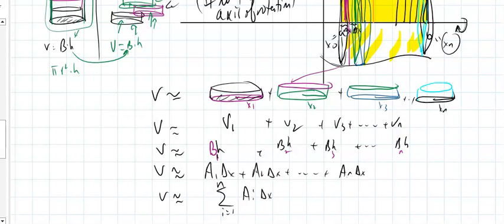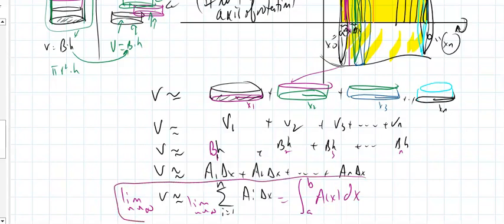And if I take the limit as n approaches infinity, that would be the integral from a to b of the area of the base times the height. And that's pretty much what this section is going to be about.